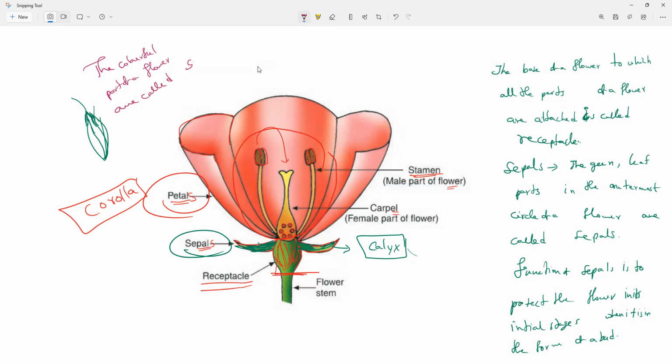So that is what are called petals. The petals lie inside the sepals. You can see this is sepals and this is petals. They lie inside the sepals.